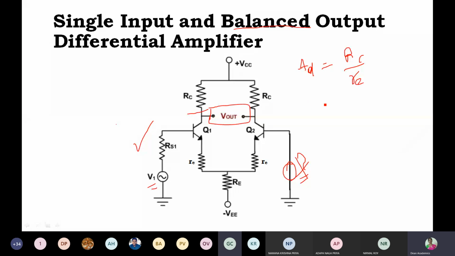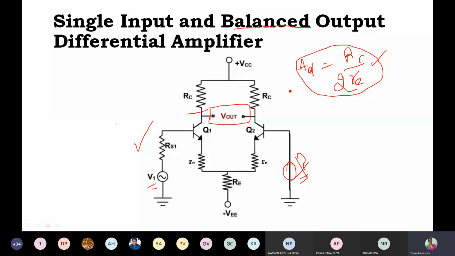RC by 2RE. When the output is unbalanced, when we take output at a single end, it will be half of the double-ended amplifier. Those two we have seen. Similar to that, today we are going to learn the single input balanced output differential amplifier.